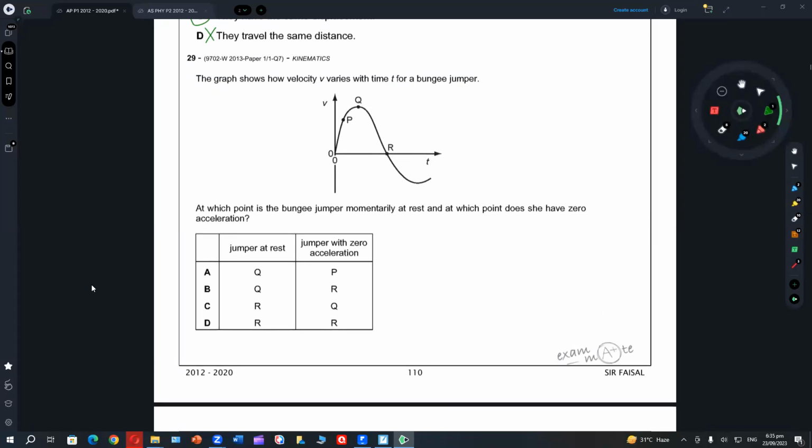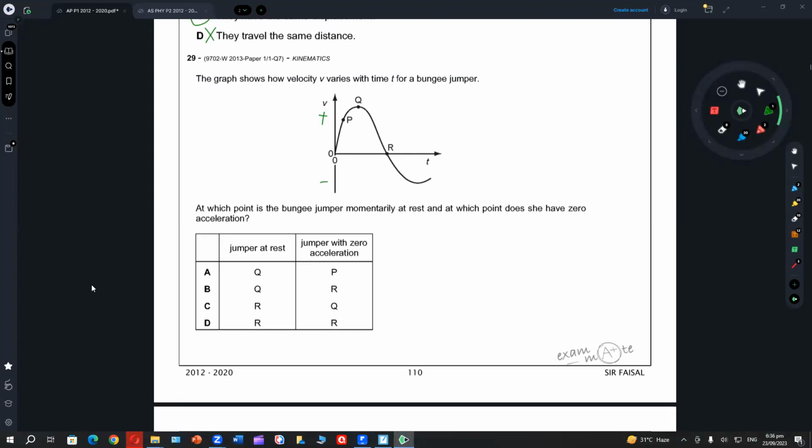The graph shows how velocity varies with time for a bungee jumper. Who is this bungee jumper? Have you ever tried it? No, sir. It's people who jump off cliffs, sir, with a rope. Do they have a string tied up? Yeah, on their feet, sir.